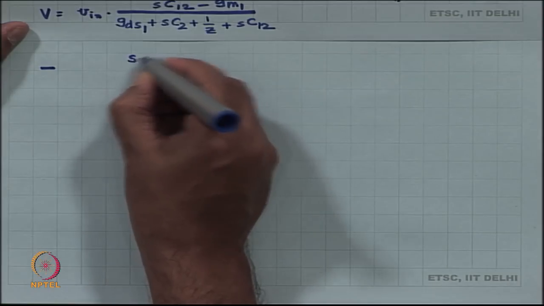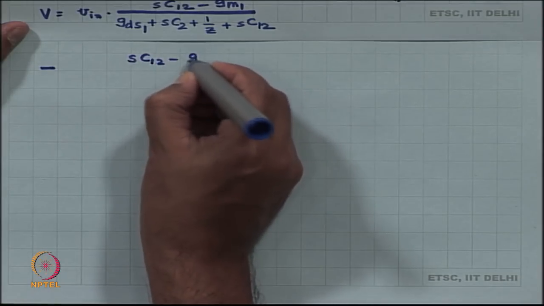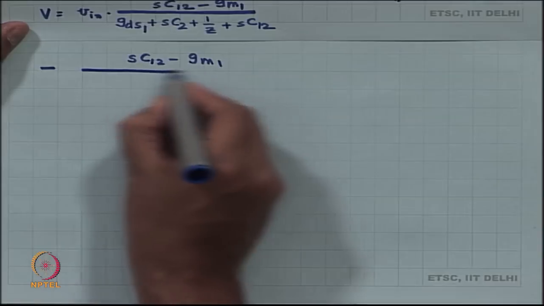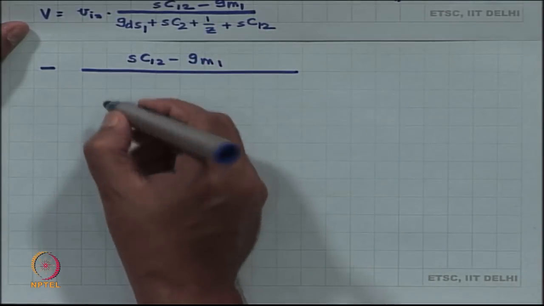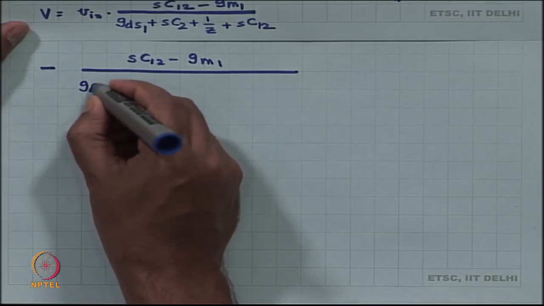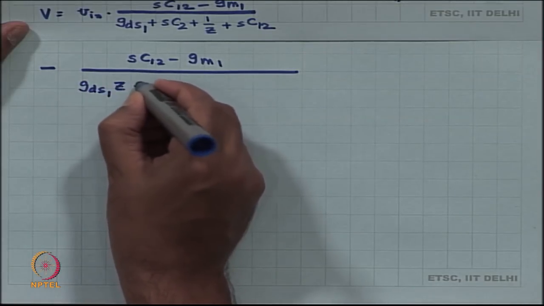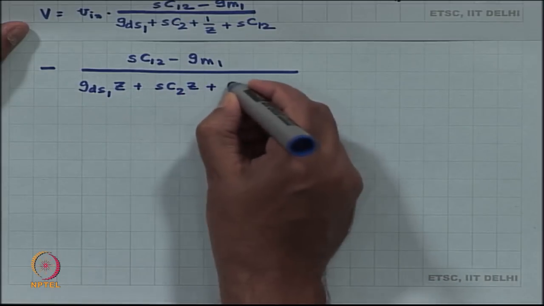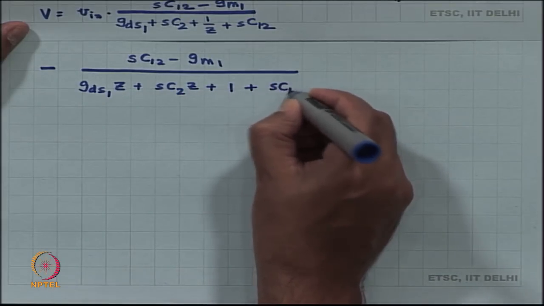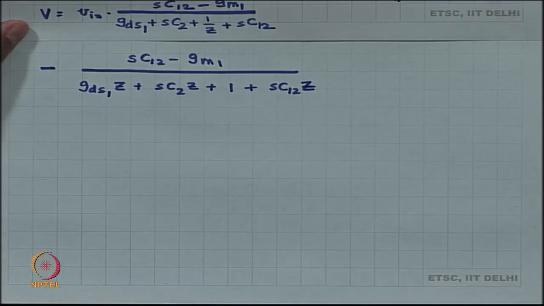So, SC12 minus GM1 divided by Z times the denominator. So, GDS1 times Z plus SC2 times Z plus 1 plus SC12 times Z.